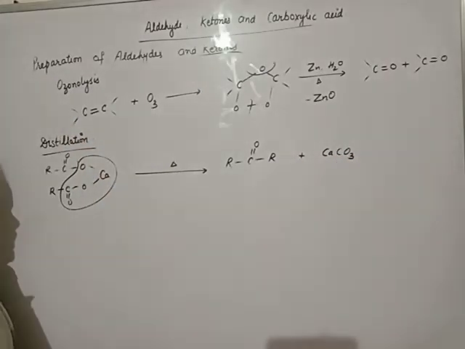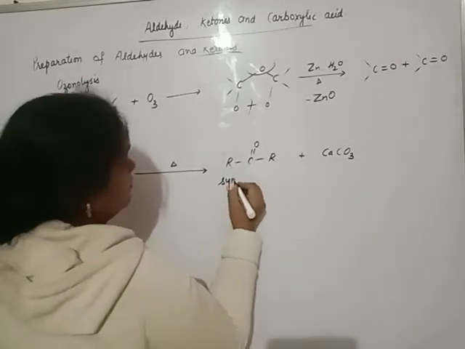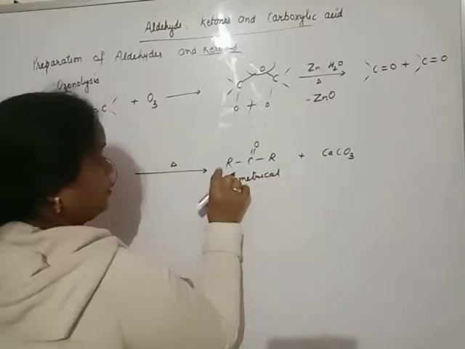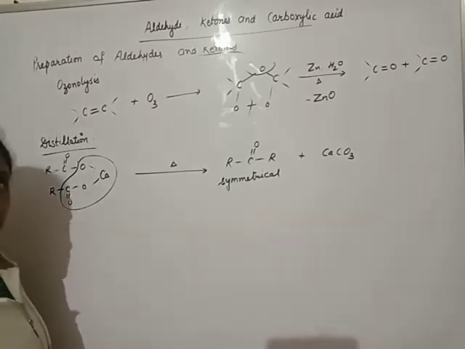Beta, from this reaction, if we want to prepare a symmetrical molecule, where both are the same, that is the symmetrical molecule, either aldehyde or ketone.